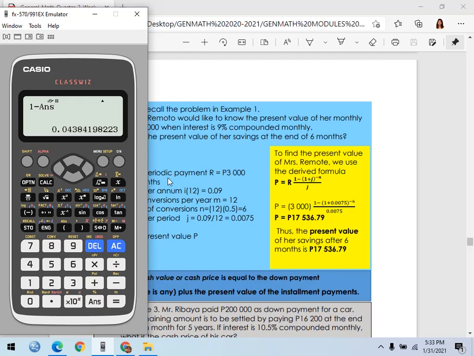Equals. Next, divided by 0.0075 equals. And then lastly, i-multiply dun sa nasa labas na 3,000 equals. Okay, so we got the present value of her savings after 6 months. We have 17,536.79.